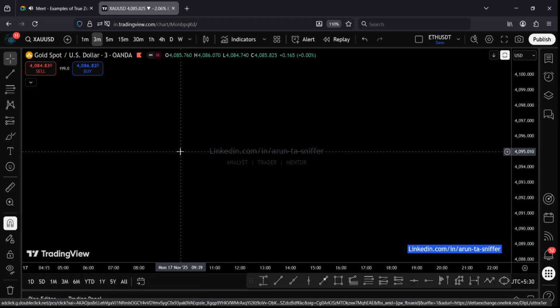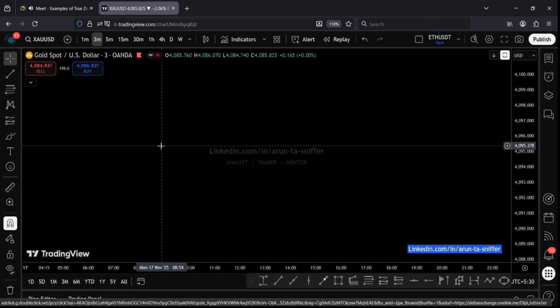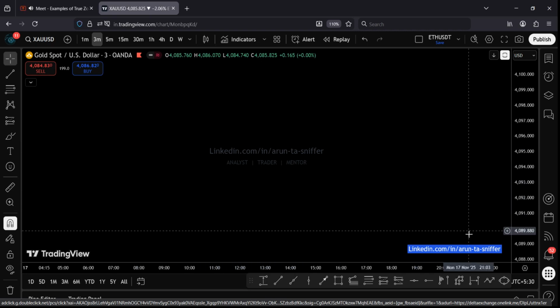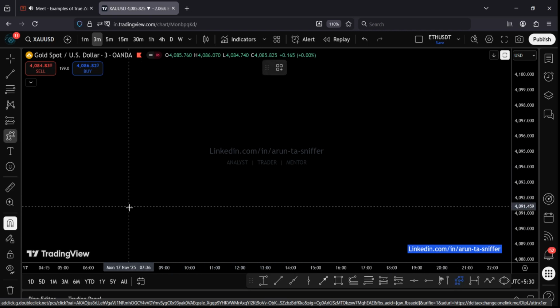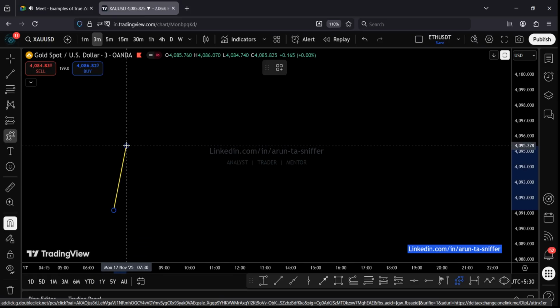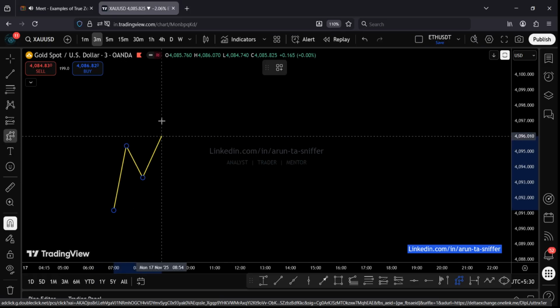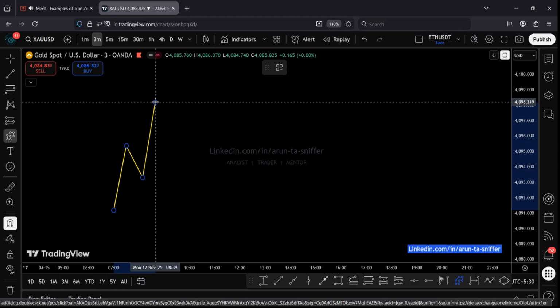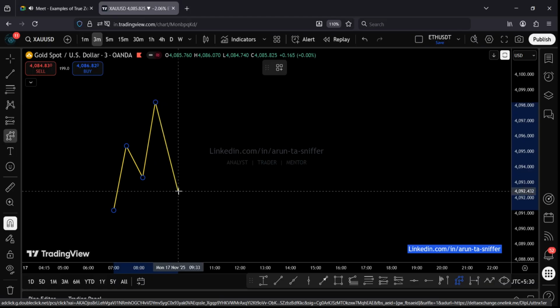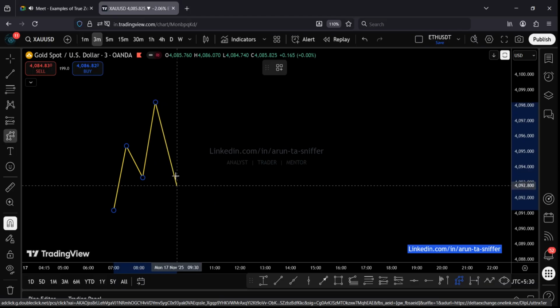So today we will discuss RSFL examples, what RSFL is, and how RSFL is created. Price goes up, makes a high, comes down, makes a low, goes up, makes a higher high, and comes down, makes a lower low.